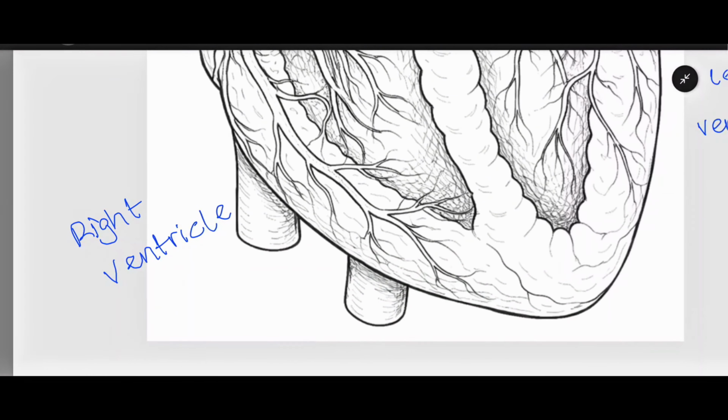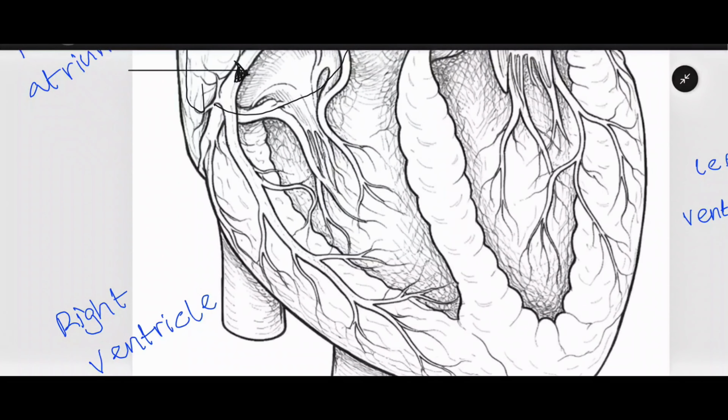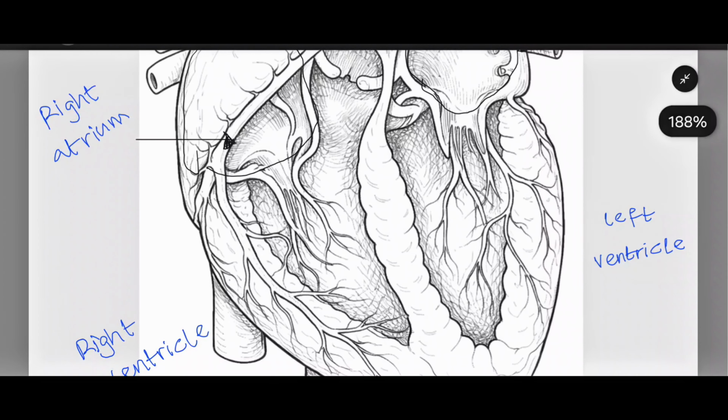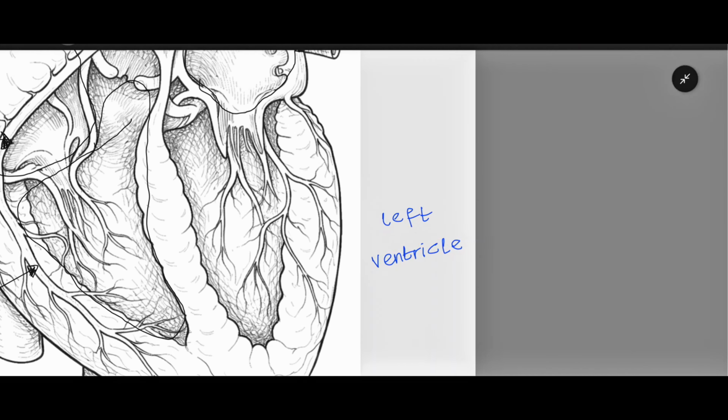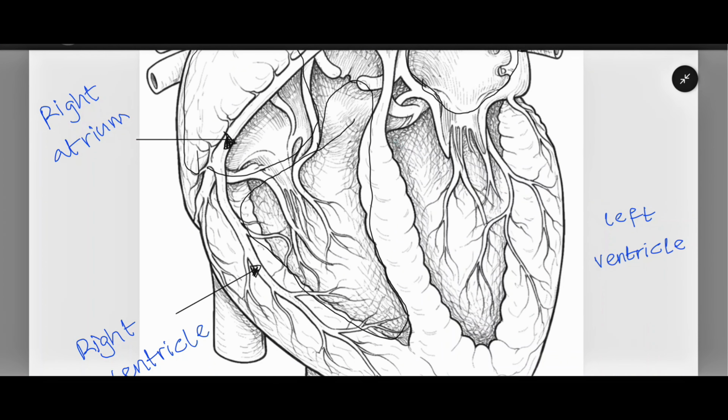And then the bottom right chamber, this chamber right here, is the right ventricle. And then the bottom left chamber, you can see this chamber right here, is the left ventricle.